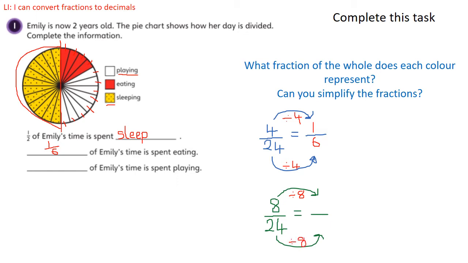Whatever I do to the numerator, I do to the denominator. So I think they're in the 8 times table. So let's go. 8 divided by 8 is 1. And 24 divided by 8 is 3. So therefore, I can say that Emily spends 1/3 of her time playing.